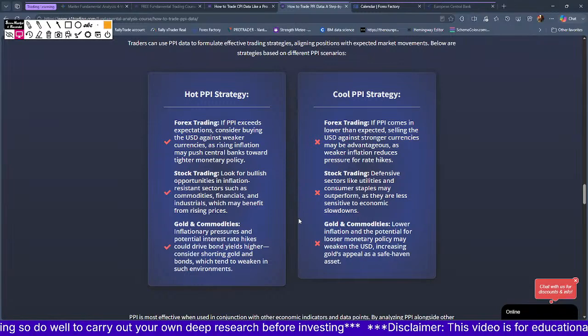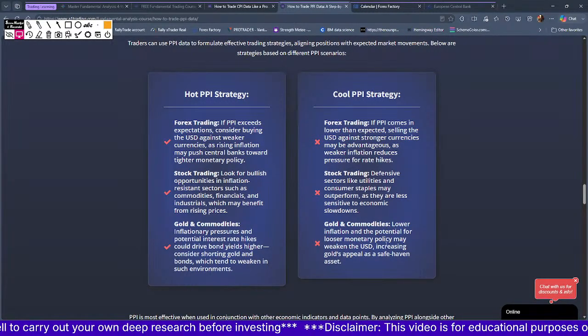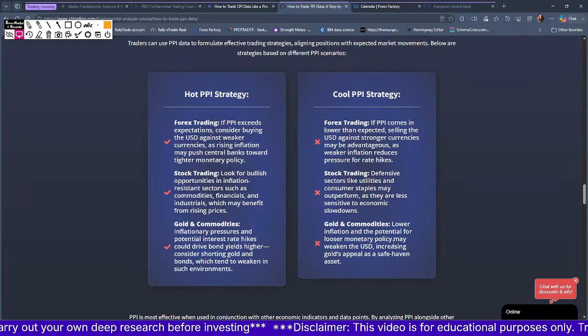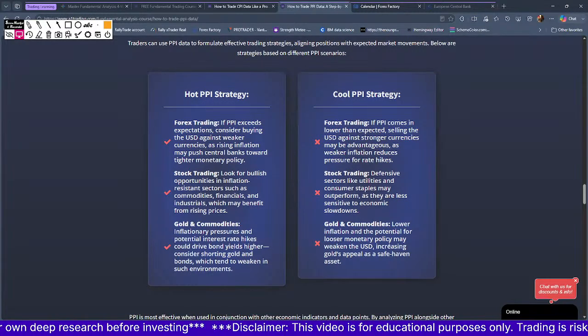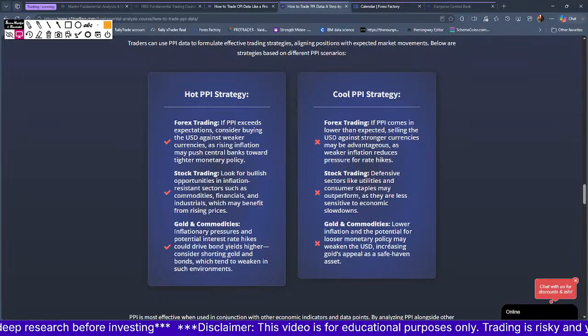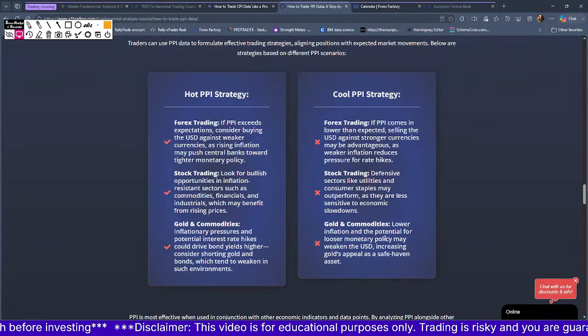And last but not least is gold traders. Now, lower inflation rates and potential for lower monetary policies may weaken the USD. If the value of dollar is not going to keep going up, that's where gold actually wins. You want to put your money in metals and use the metal money to make more money.